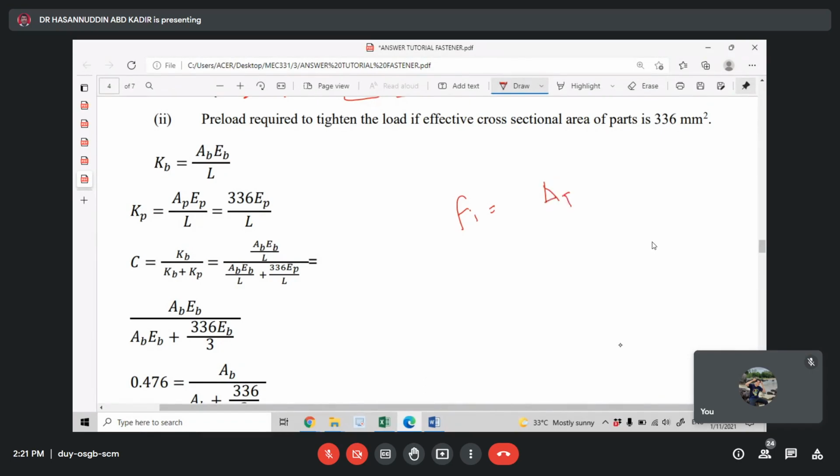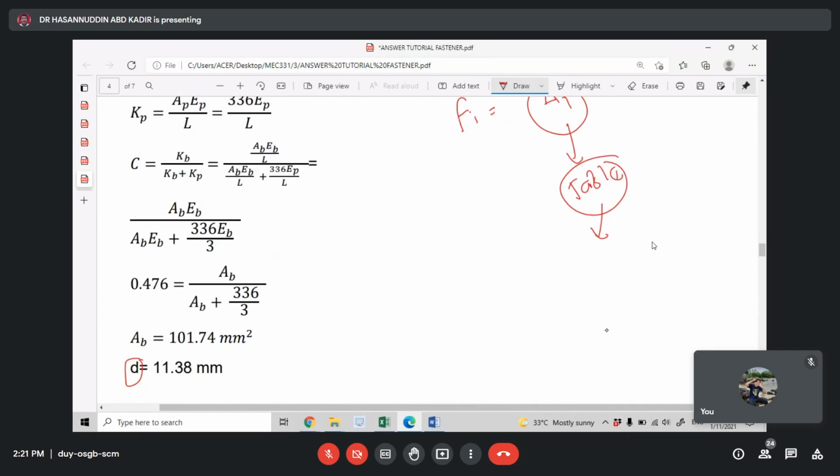So the value of AT you can only get from the table, but from the table you can only refer to the value of the diameter of the bolt. But the diameter of the bolt you can find from the value of the area of the bolt. This one is from the stiffness of the bolt, or what we call KB. It goes round like that.